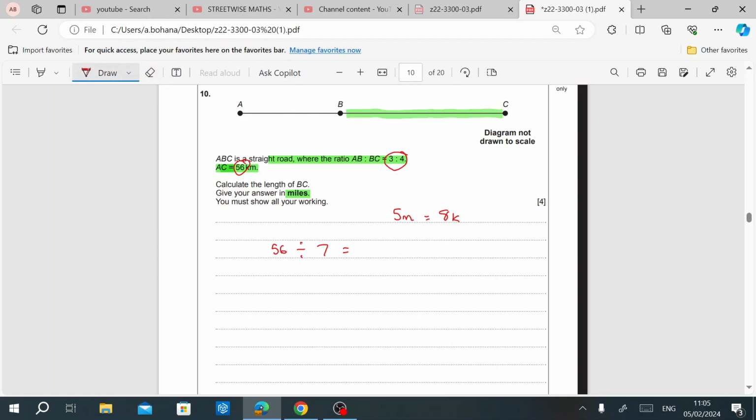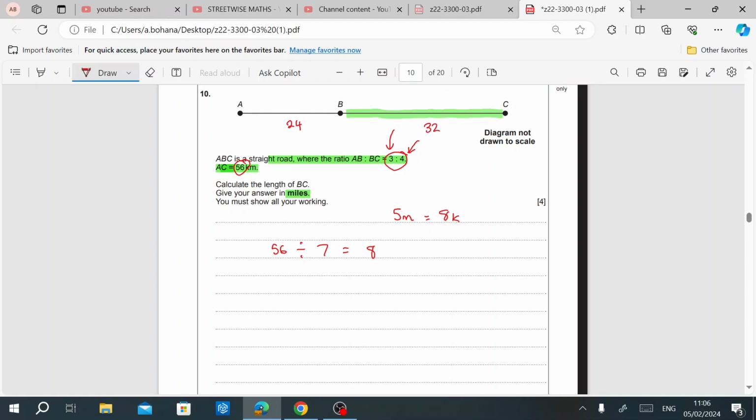I've jumped the gun actually. I'll do that again. 56 divided by 7 is actually 8. So each part is worth 8. So 3 times 8 is 24. And 4 times 8 is 32.